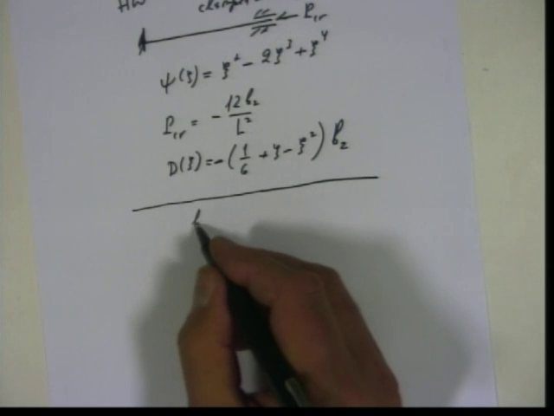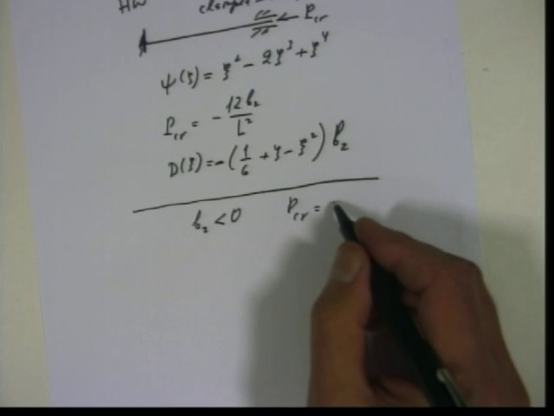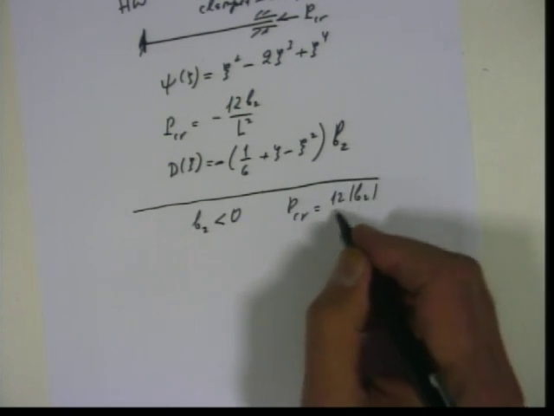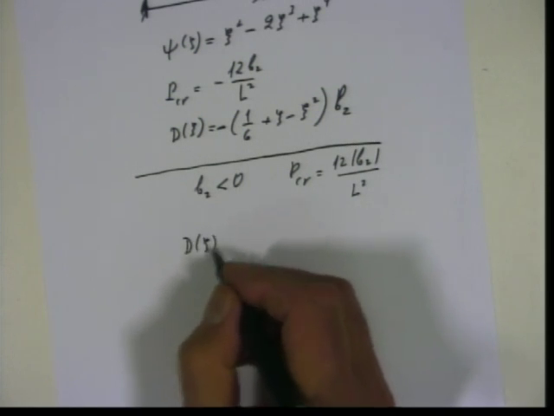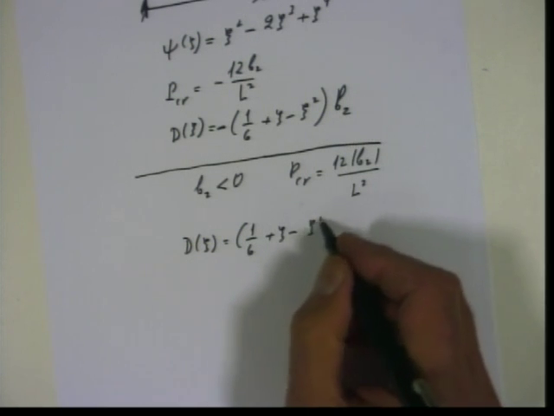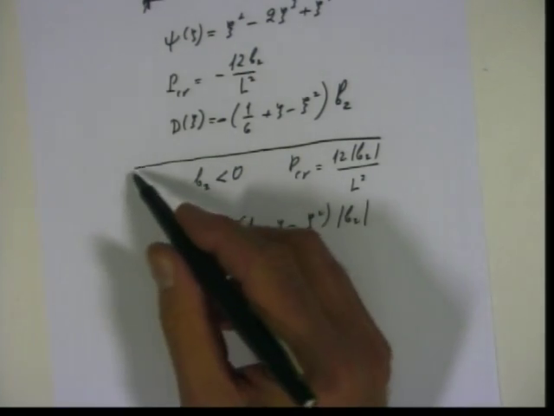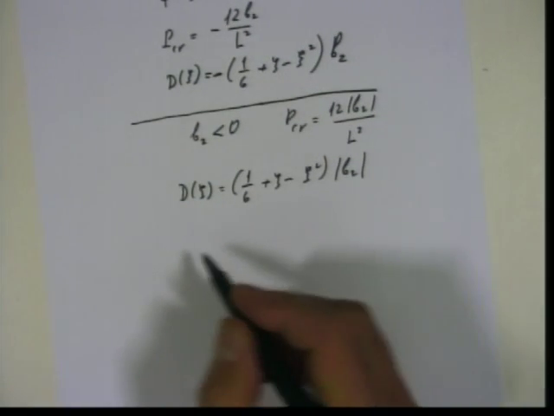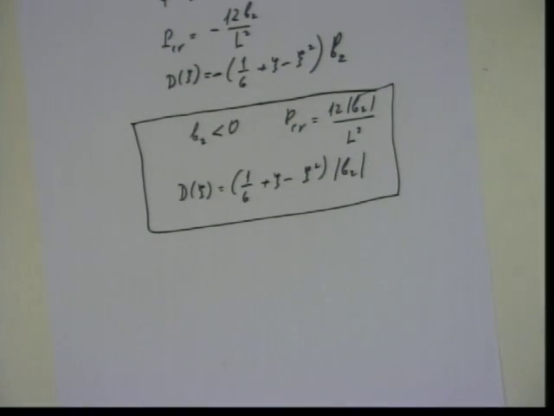Now, B2 again must be negative. So P critical can be written as 12 absolute value of B2 divided by L squared, and D of xi then equals 1/6 plus xi minus xi squared, times the absolute value of B2. Now here there is a question that could be posed.